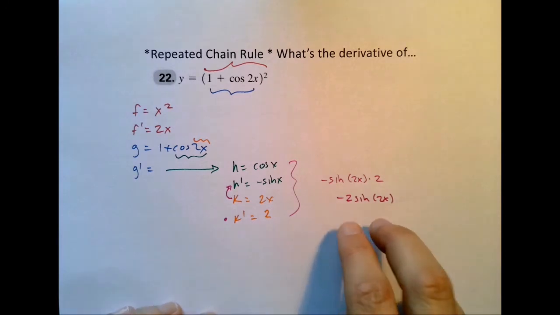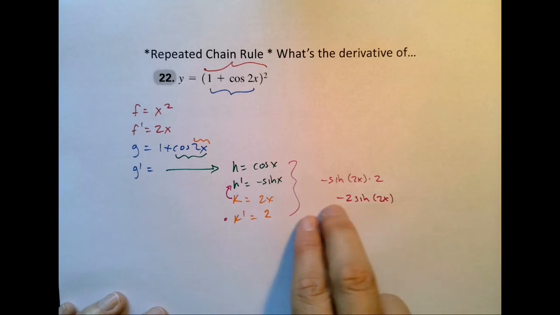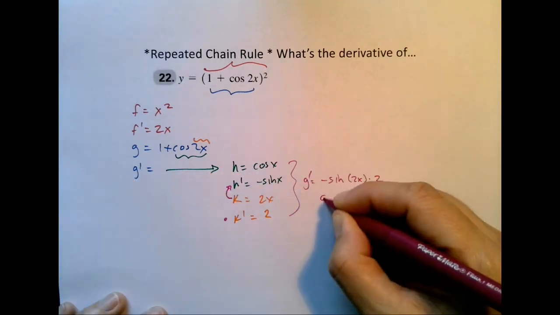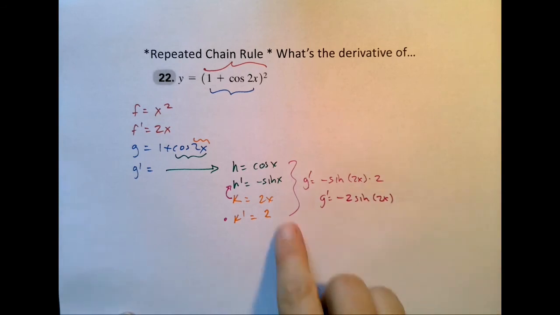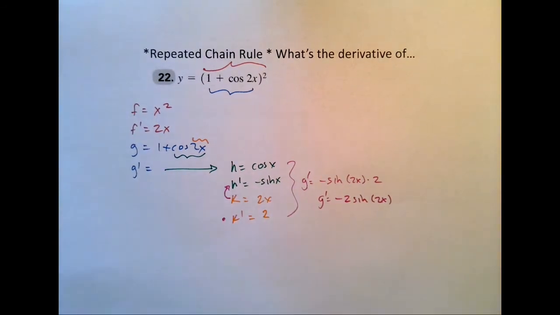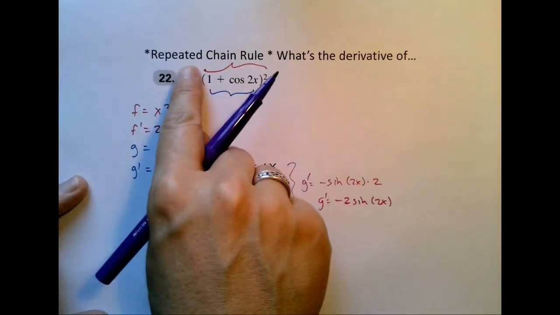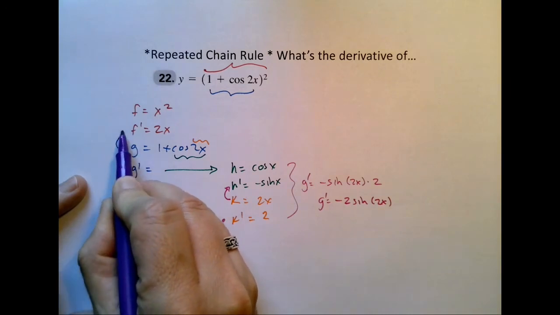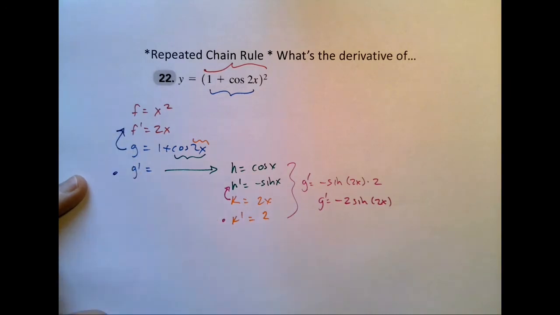Now what did we just figure out? Well, let's follow our work backwards and we realize we just figured out g prime. Now remember, g prime is the larger piece of the original chain rule. So now we can apply this g prime to the original chain rule problem. So the derivative of the outside with the inside left alone times the derivative of the inside.